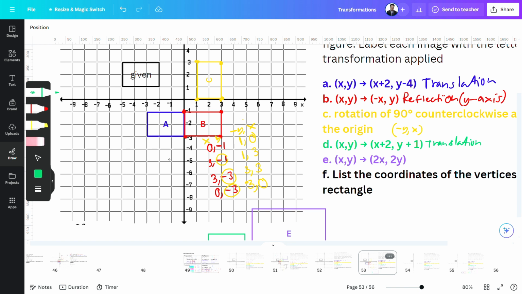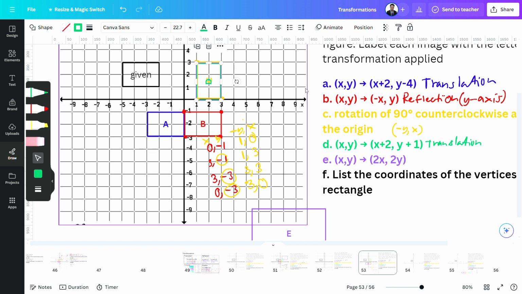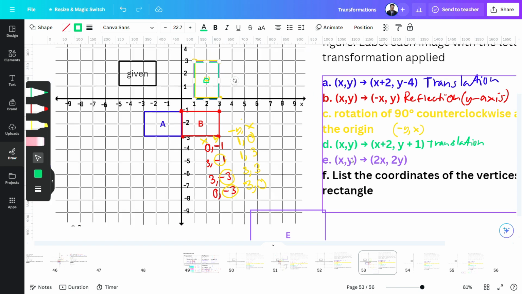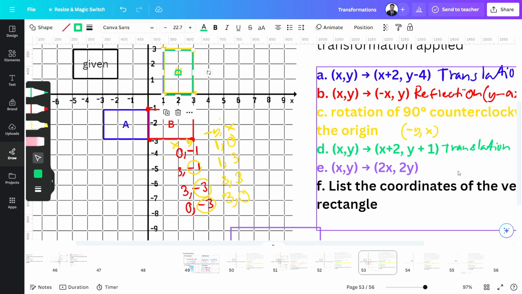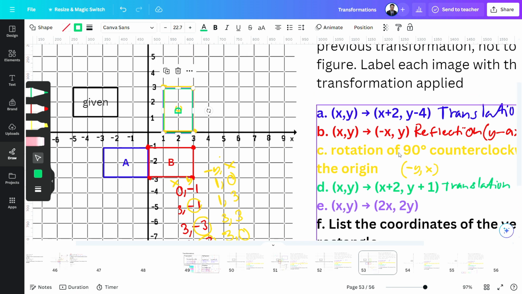So this is our point D. I will first copy the orientation of our figure C. Then we will move this 2 units to the right because it says x plus 2, and then 1 unit up because it says y plus 1.